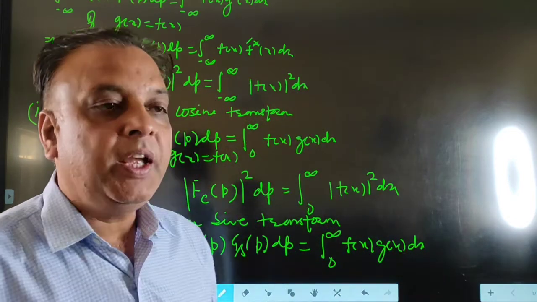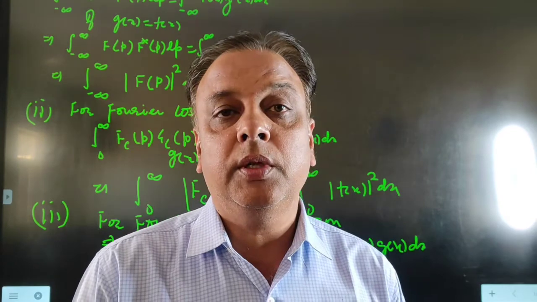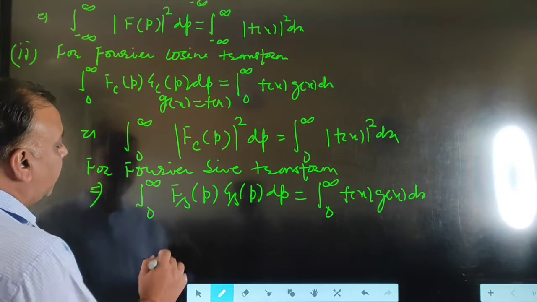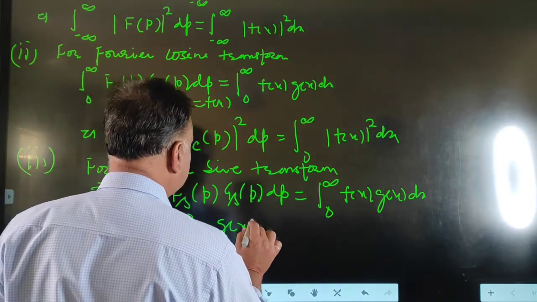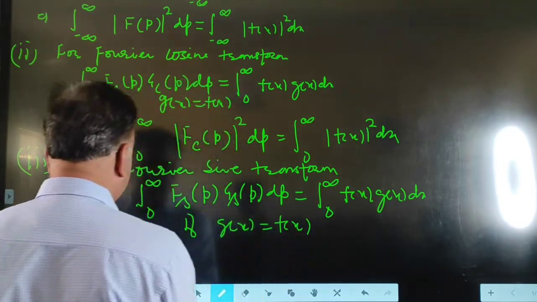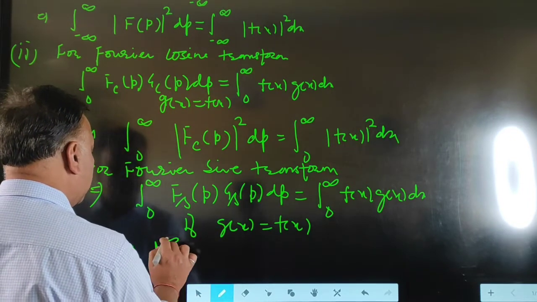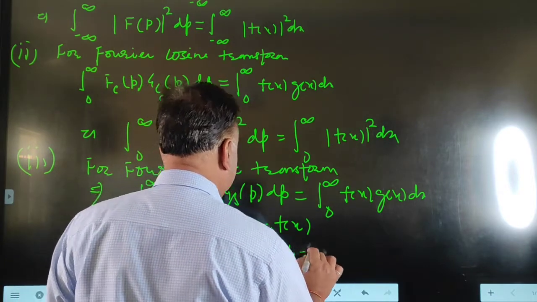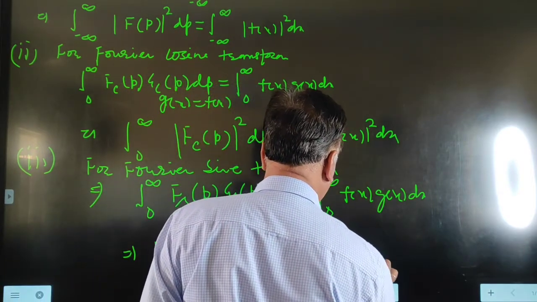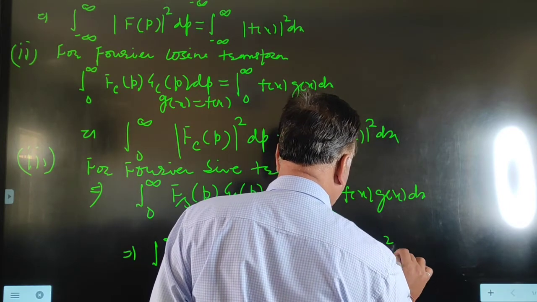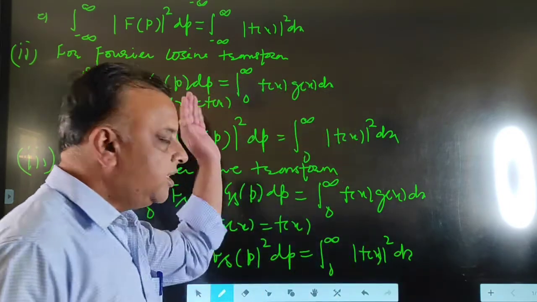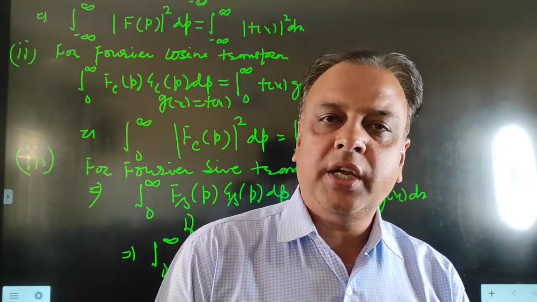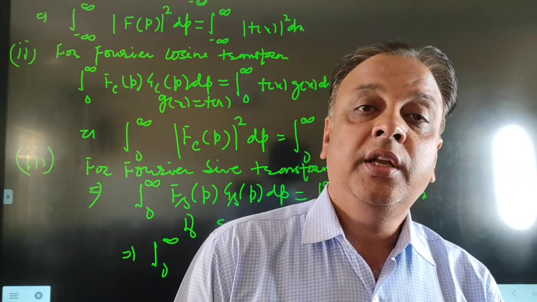Here Fs(p) and Gs(p) are the Fourier sine transformations of the functions f(x) and g(x). If g(x) is equal to f(x), then this identity can be written as the integral from 0 to infinity of modulus of Fs(p) whole square dp equal to the integral from 0 to infinity of modulus of f(x) whole square dx. So these are the Parseval's identities for the complex Fourier transformation, Fourier cosine transformation and Fourier sine transformation.